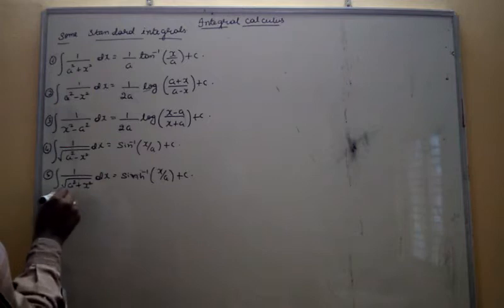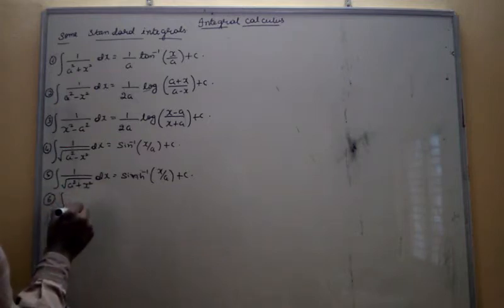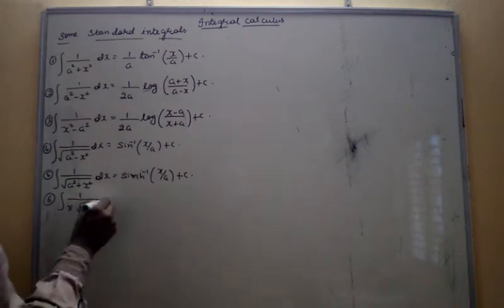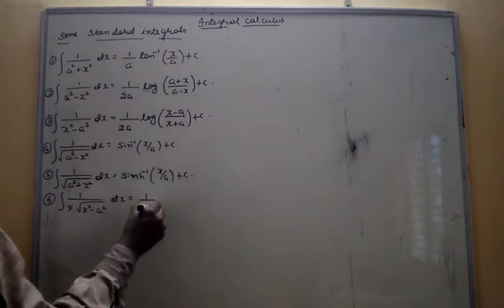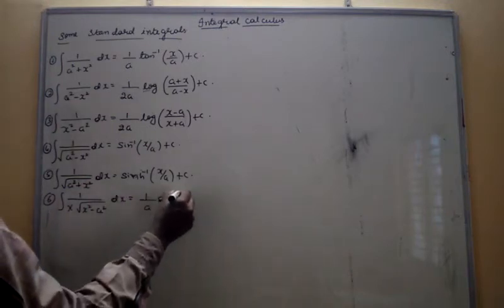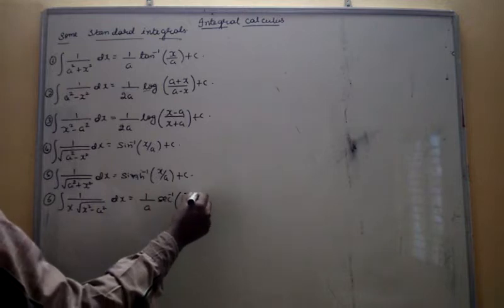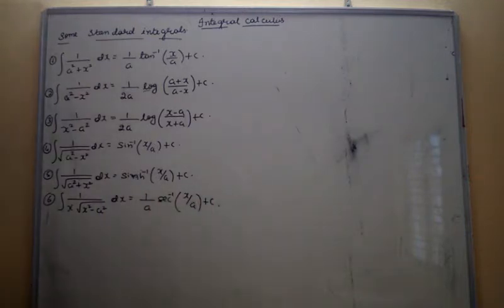Next one, integration of 1 by x into square root of x square minus a square dx is equal to 1 by a secant inverse of x by a plus c. These are the 6 identities. Let us solve the problems on 6 identities. Okay, take down the identities.